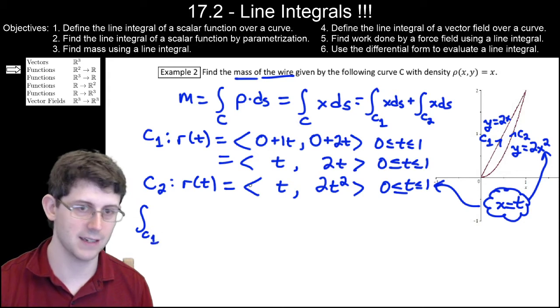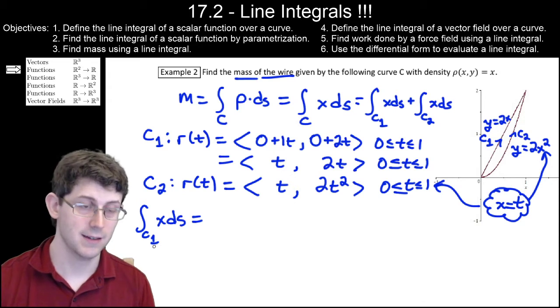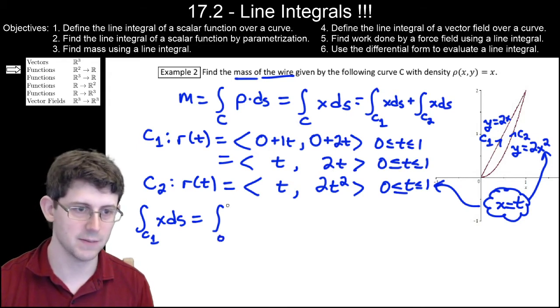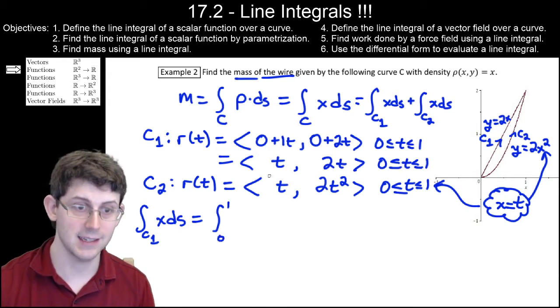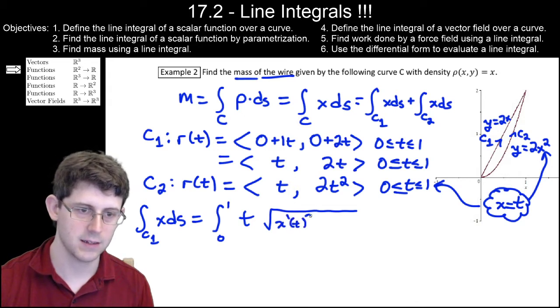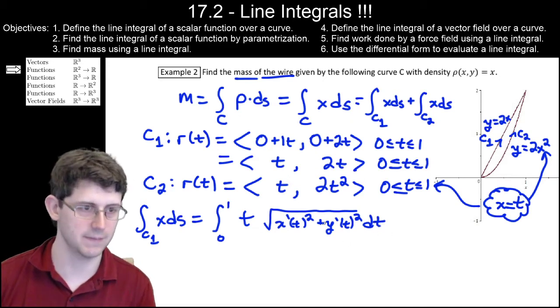So here's the mass of the first part. I have an integral over C1. To get C1 out of here, I turn it all into the parameterization. So C1 had t going from 0 to 1. x equals t from the parameterization. And ds is the square root of x prime squared plus y prime squared dt. This is just what ds equals.